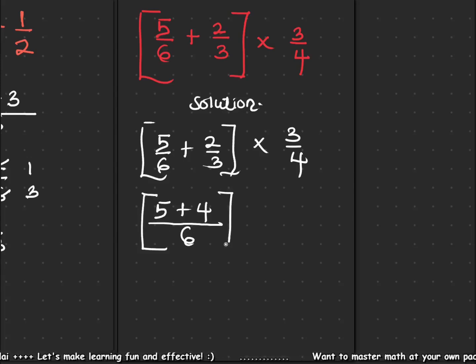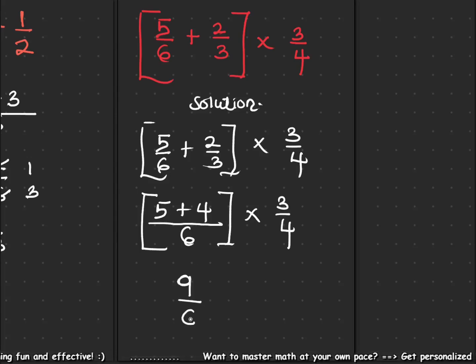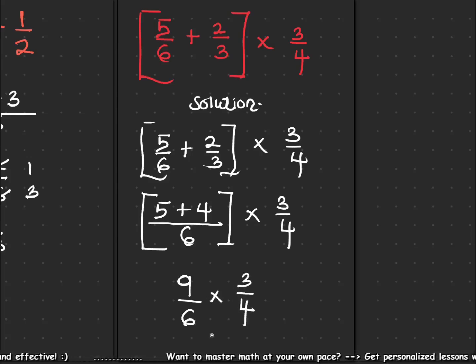All this just for the bracket. Then times 3 over 4. Now we can simplify this further. 5 plus 4 gives us a 9. 9 over 6. Then times 3 over 4.